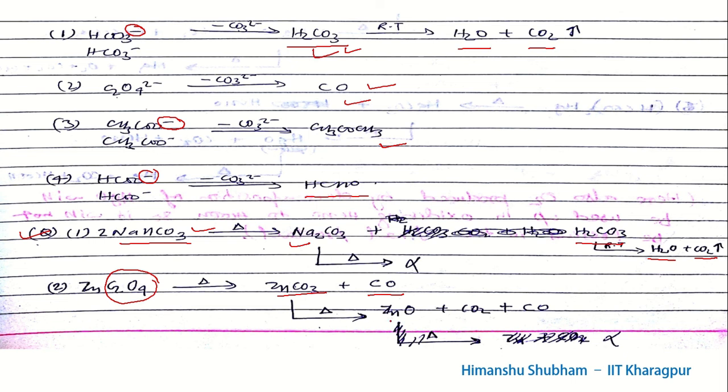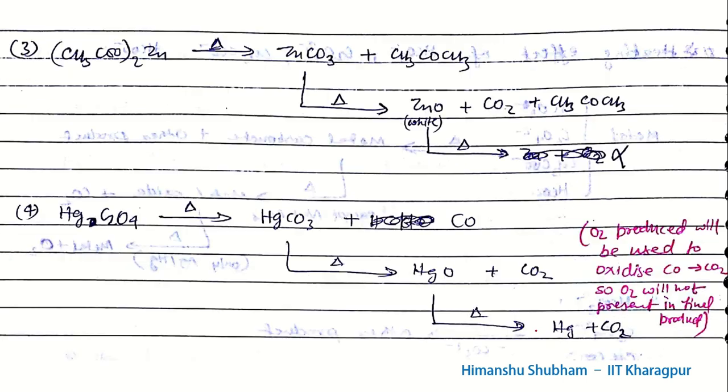So the final product would be ZnO and CO2 from ZnCO3, and CO from ZnC2O4. And this ZnO does not belong to Hg or Ag, so it won't further decompose into metal and oxygen.